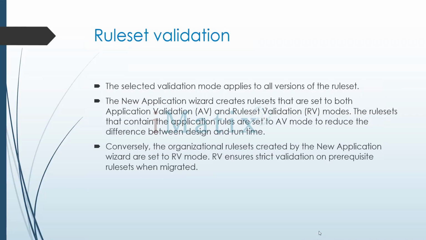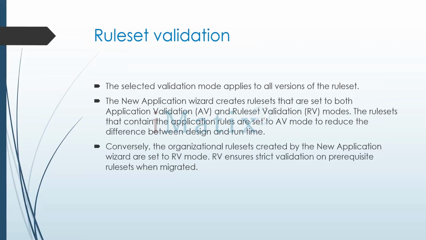Now, how are they even important for us? AV and RV modes define the accessibility of your rules. From which rule set into which rule set can I access the rules? You can access rules among the same rule set, always possible.